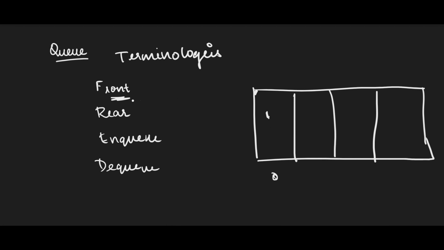The same way, rear is the last position in a queue. So the last. Now NQ and DQ are operations that we use to add elements to the queue. NQ adds values to the last element. That is, if this place is empty, NQ adds values here.